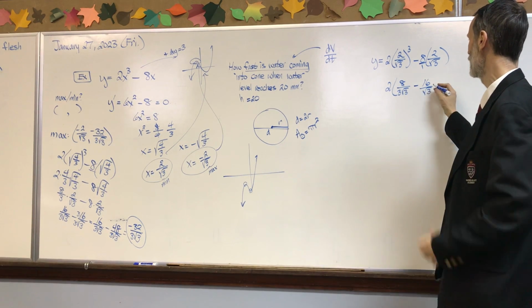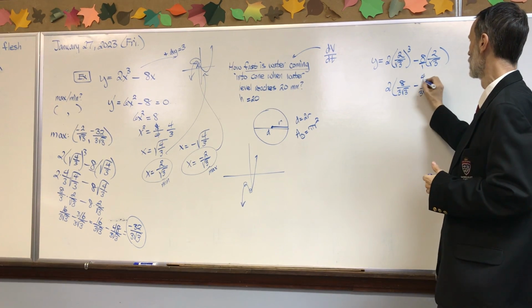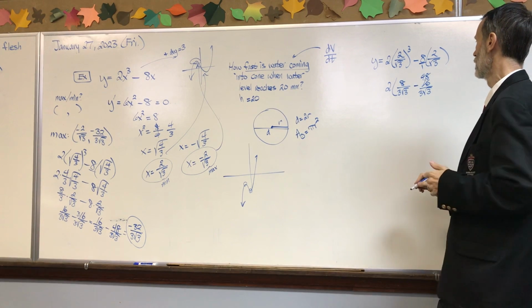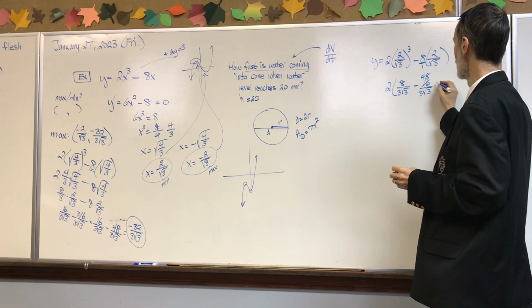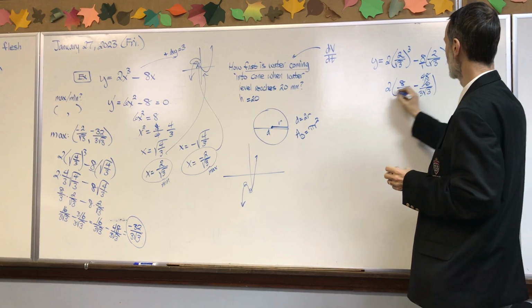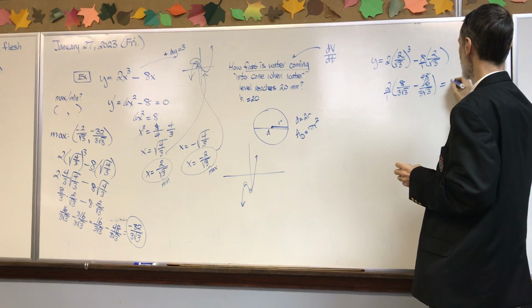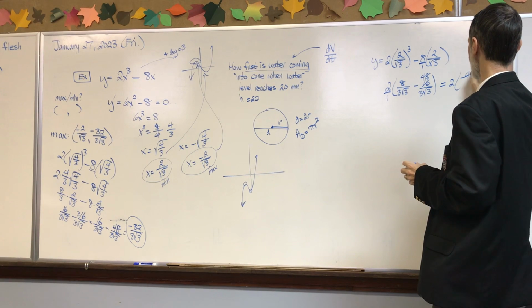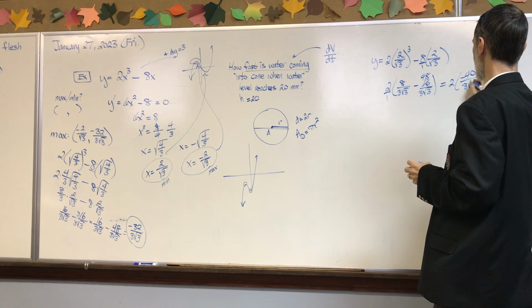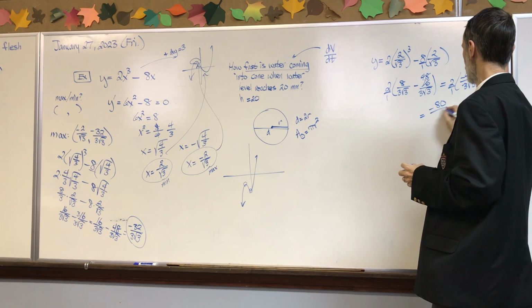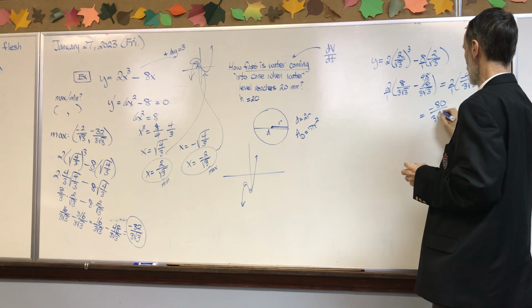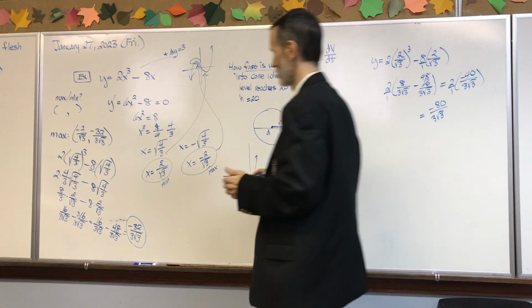Now, this becomes this. So 8 minus 48 is 40, so 2 times negative 40 over 3 radical 3. Then put this over 1. This is negative 80 over 3 radical 3, and that's your other height.